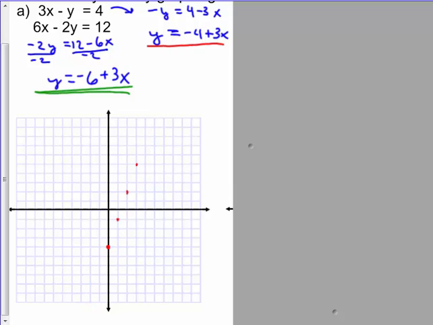So I'm going to graph each of these lines. First one, y equals -4 plus 3x. I'm going to start at -4 and go up 3 over 1. Excuse my lack of a straight line there. Second one, y equals -6 plus 3x. So I'm going to start at -6, and I'm going to go up 3 over 1.